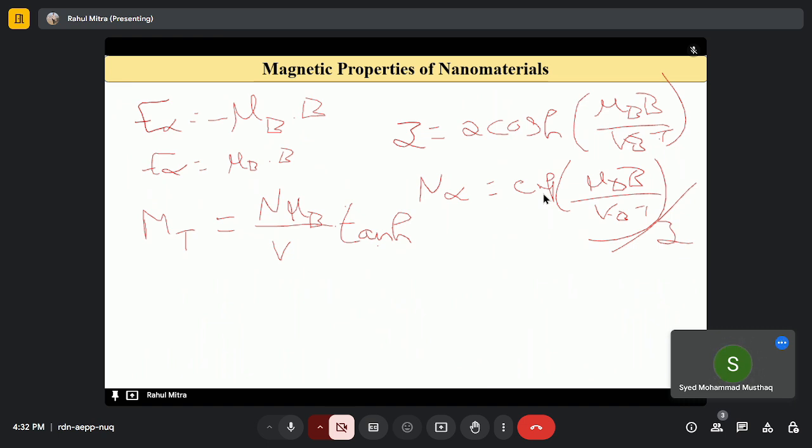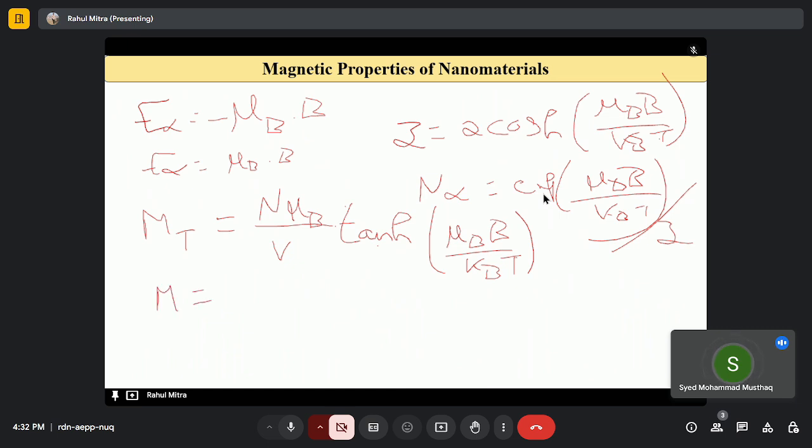That is our tanh function, a hyperbolic tangent function, of mu_B B by kT.